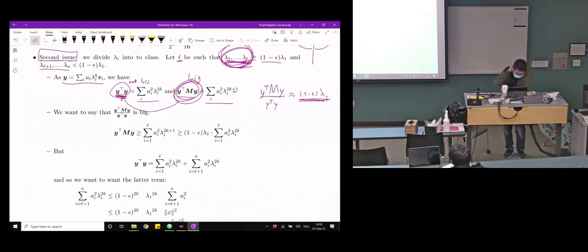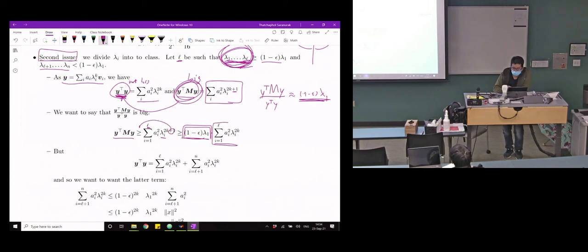So how to do that? Well, y times y is at least just this thing. I just truncate, I just take the first L terms in the sum here. Each of the lambda i for i less than L is bigger than this much. So I just take one factor out to the front and I get this.